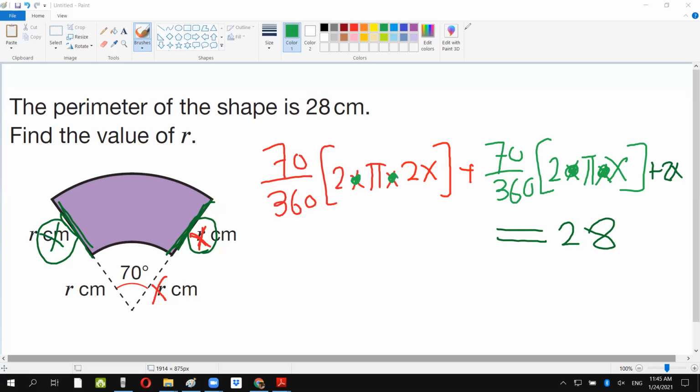I want x now. We talk about a very easy way to solve it by calculator.